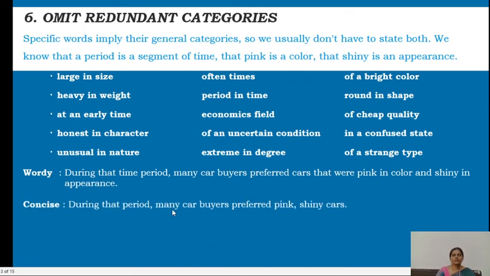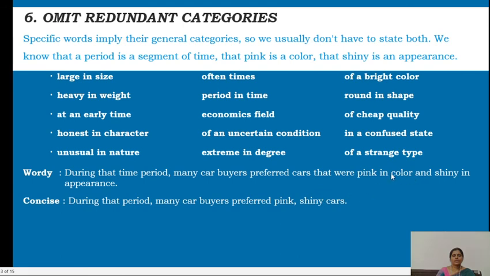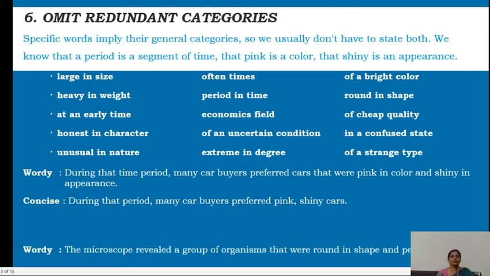Here, color is the category, appearance is also the category. So: during that period, many car buyers preferred pink, shiny cars. Instead of using the categories here, we just stick to that particular word. That is enough. So we can avoid such redundancy in categories.